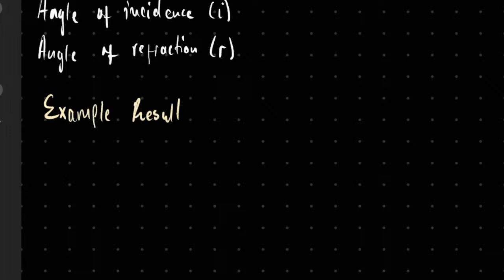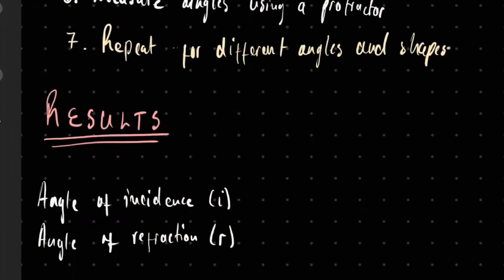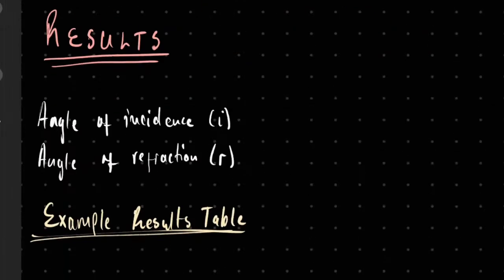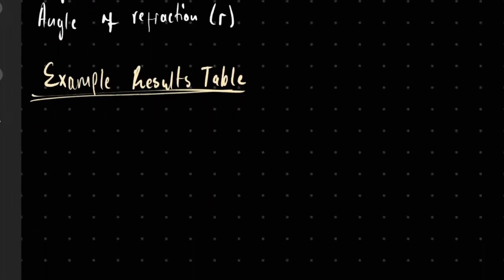I'm just showing you some results. But of course, you're not going to actually perform this experiment. I'm just showing you what it would come out as, because you're just going to tell them how you set up this experiment. That's the question I showed you last time in the past papers last night. They won't ask you to actually show them the results, but a results table would be something like this.